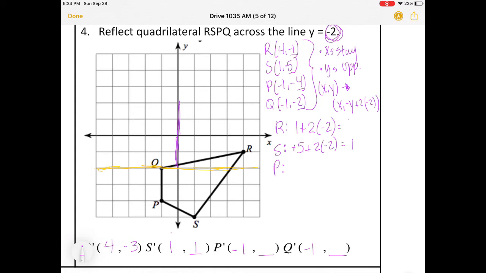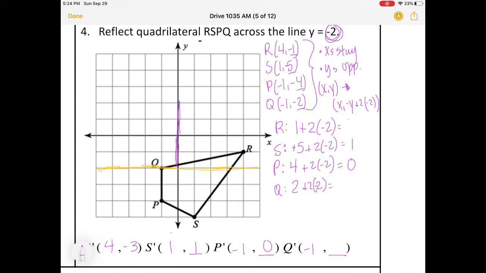All right, P. So opposite of its y value is positive 4 plus 2 times negative 2. So that's 4 plus negative 4. Opposites add to cancel out and equal 0. All right, and then Q. Opposite y value is positive 2 plus 2 times negative 2.